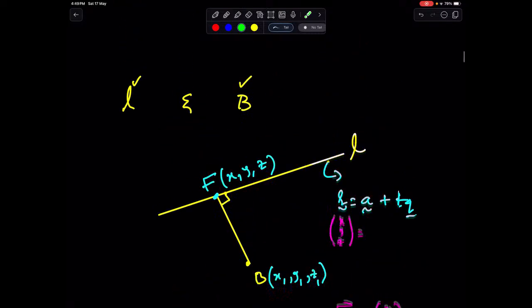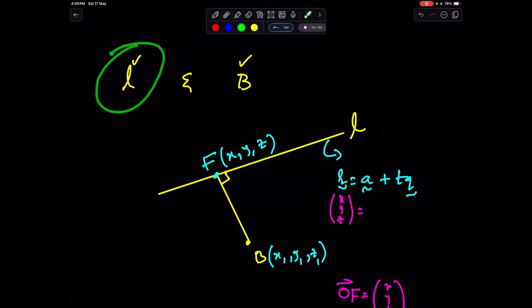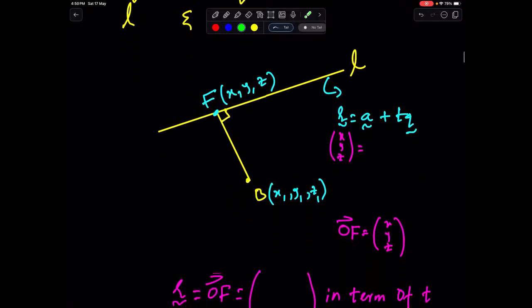Let me repeat this. The equation of line L and a point B, these two things will be given. This is the line L and this is the point B, and we need this shortest distance from B to line L. I suppose this point as F, the foot of perpendicular from B to line L. Now the problem is we don't have F. For F, we should replace R by OF because both have the same position vector: the position vector of R is XYZ and the position vector of OF is also XYZ.